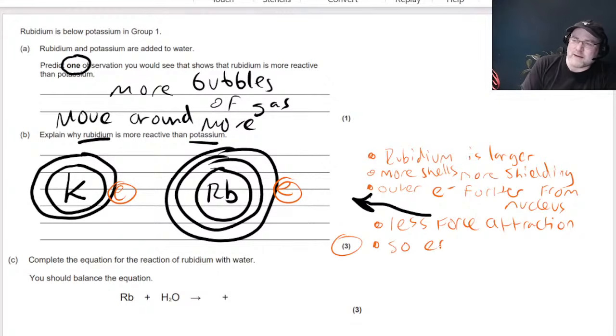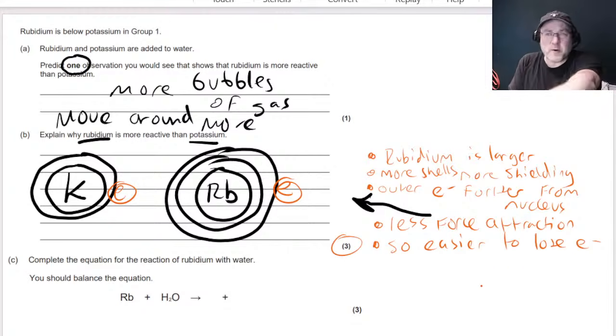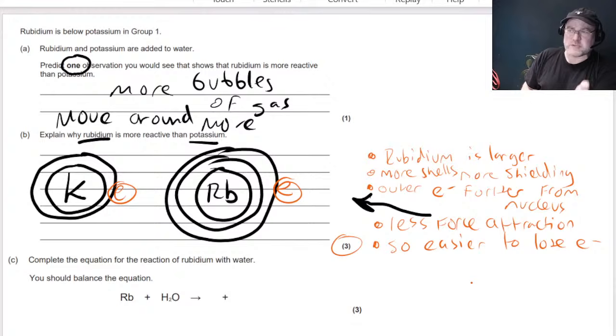So easier to lose electron. And I haven't even pointed out that rubidium and potassium both want to lose an electron. I probably could have started off by saying group 1 metals, they both want to lose an electron. And now I want to tell you why rubidium loses an electron more easily. So easier to lose electron. That will be on the same marking point. You could say less energy needed to remove the electron or to lose the electron.